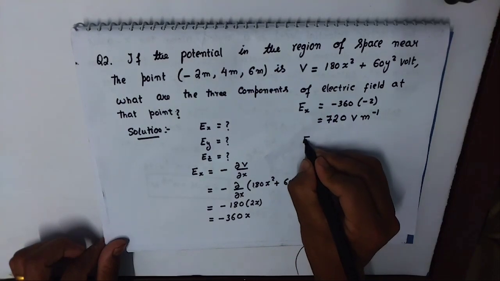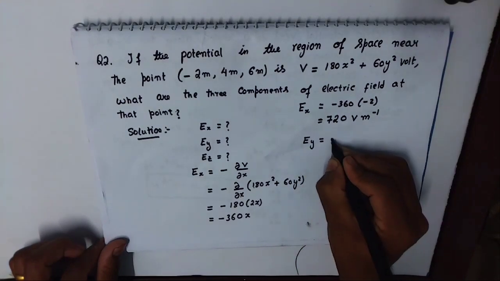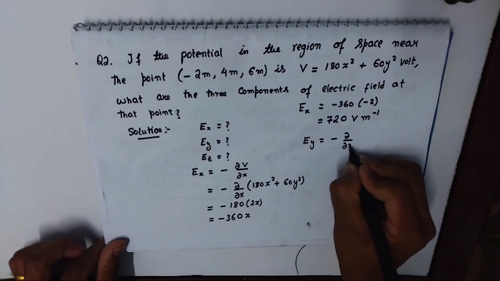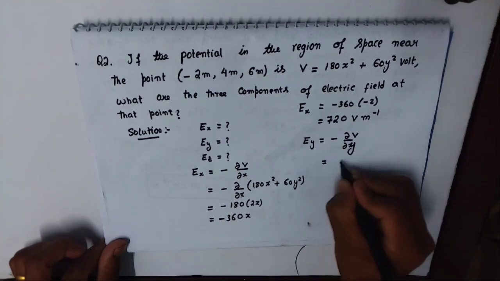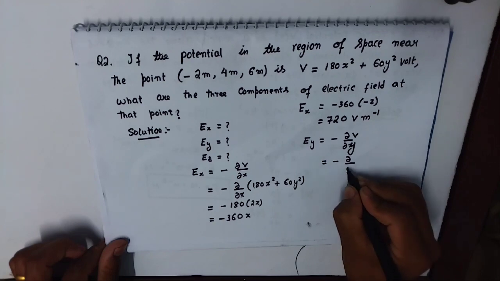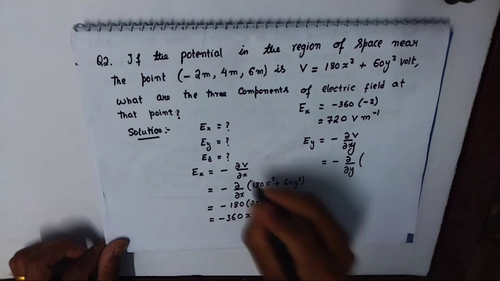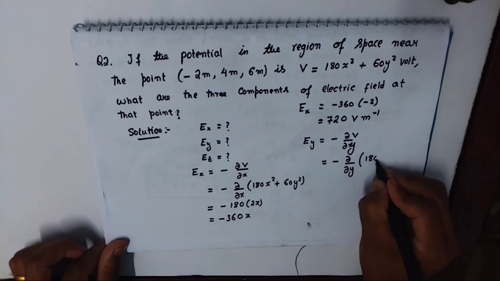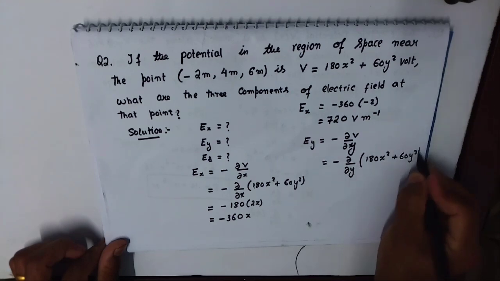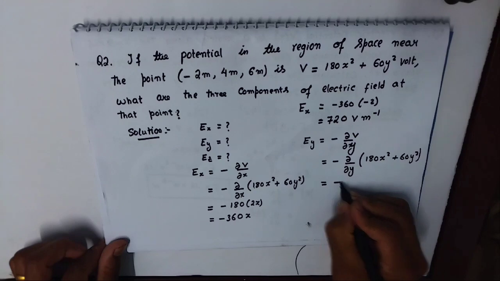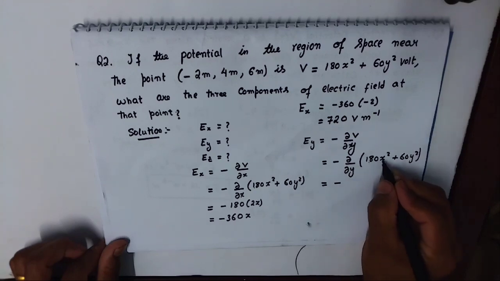So what is Ey? Ey is minus del y of V. So this becomes minus del y of 180x squared plus 60y squared. Del y of 180x squared is 0.